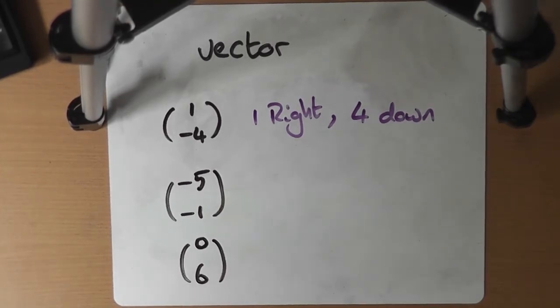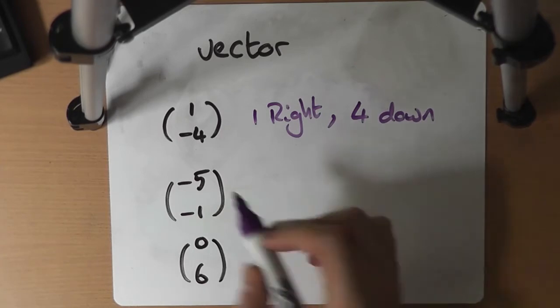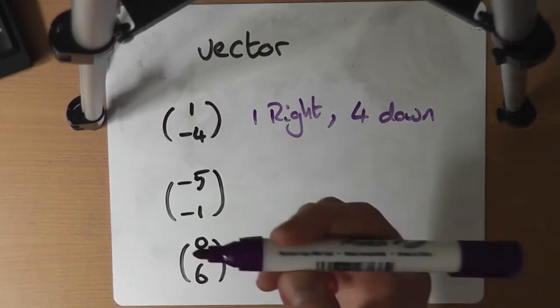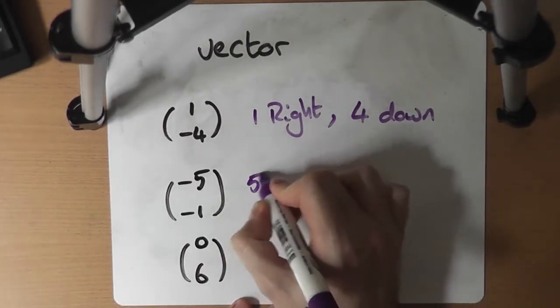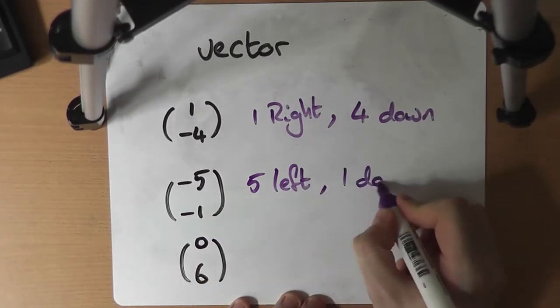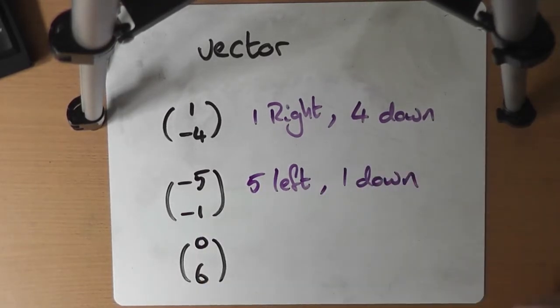Second example, -5, -1. A negative number on the top, in the left-right direction, means we're heading towards the left, down the number line. So it will be 5 left. And then 1 down on the bottom, because it's a -1 for the up-down direction. Third example, 0, 6.